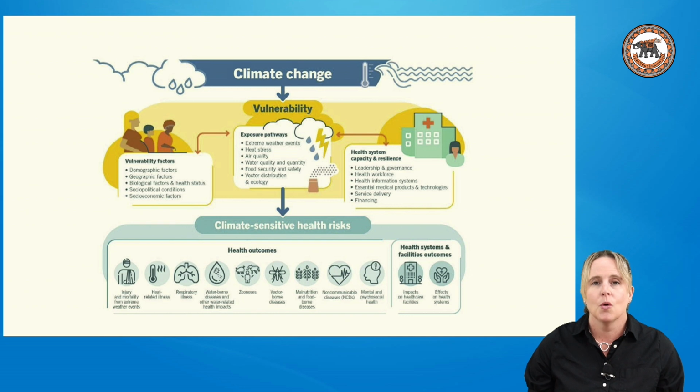And then also mental and psychological health. So some of the different changes in weather patterns or heat can also lead to worse mental health and stress. So all of these areas are important to us when we're looking at community health.